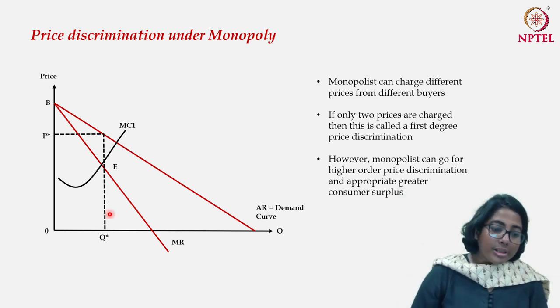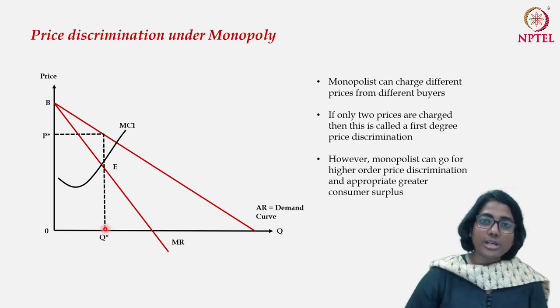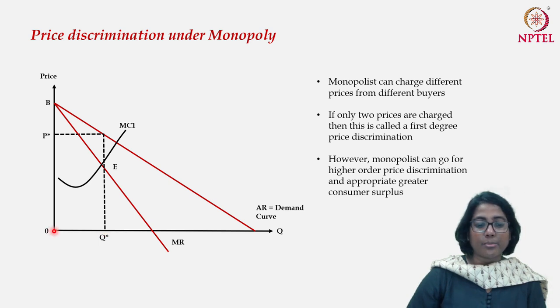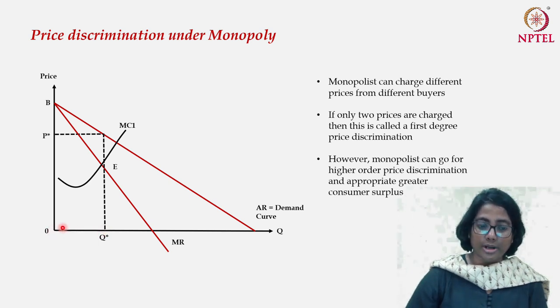So what the monopolist is thinking is, okay, I'm producing and supplying Q star amount of product in the market and I'm charging P star amount of money. Q star means I'm producing and supplying OQ star amount of product.